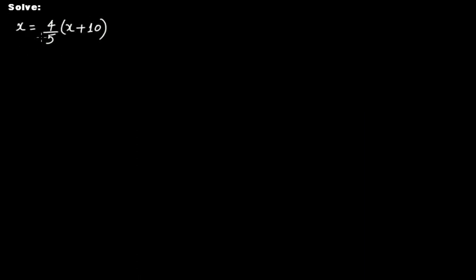In this one we have x is equal to 4 by 5 x plus 10. Simply applying distributivity of multiplication over addition, this gives you x is equal to 4 by 5x plus 4 by 5 times 10, right?